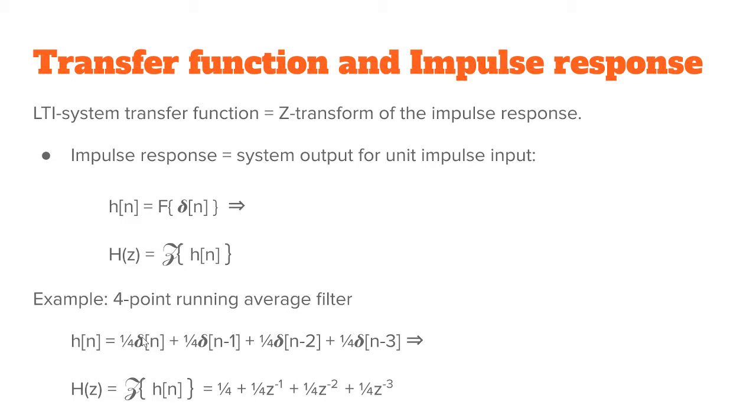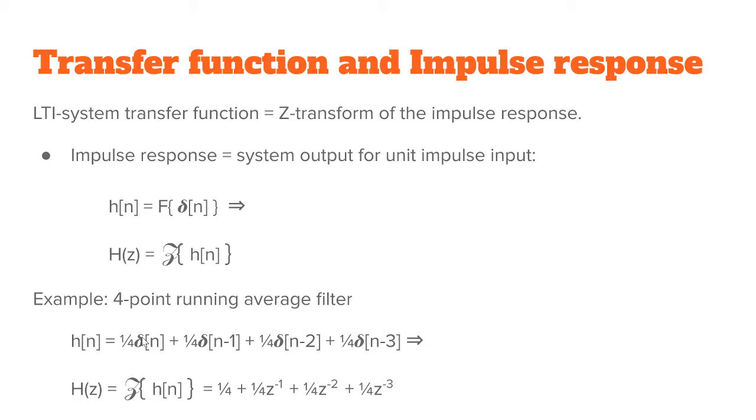Couple of words about the transfer function and impulse response. So actually, if you have a linear time invariant system, then the transfer function is actually the same as the Z transform of the impulse response.